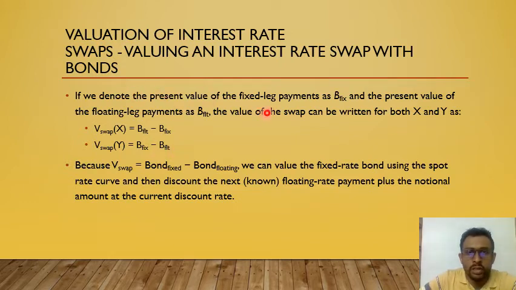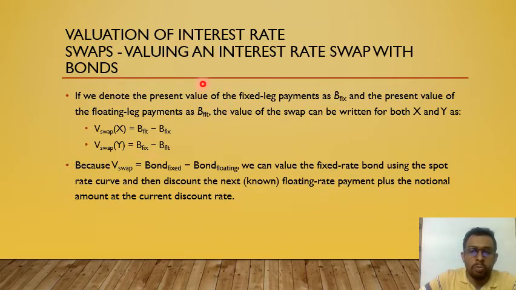If we denote the present value of the fixed leg as B fix and the present value of the floating leg as B FLT, the value of the swap for X is B FLT minus B fix, and for Y it is B fix minus B FLT.